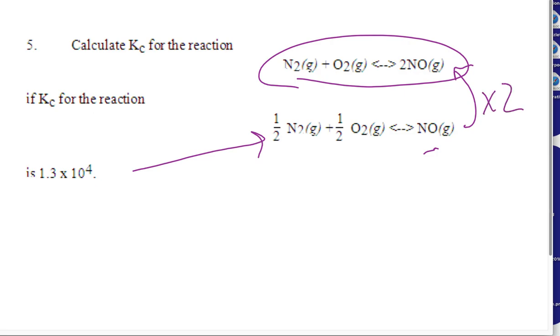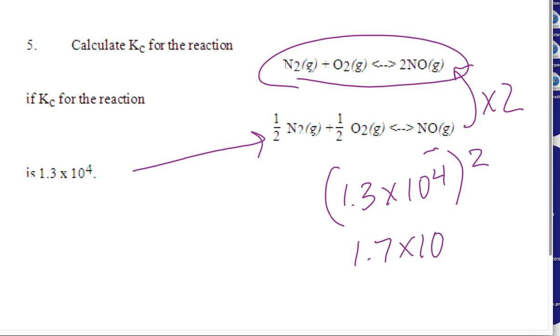Multiplied by 2. So what do I do to the K? Square it. So I know this is going to be something to the 8th. What is it going to be? 1.7 times 10 to the 8th is equal to our Kc for the new reaction.